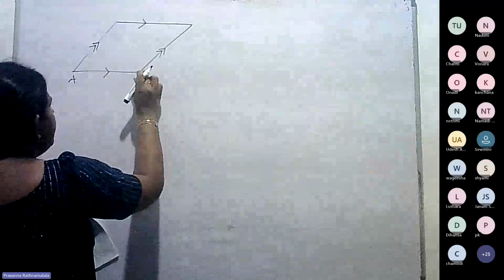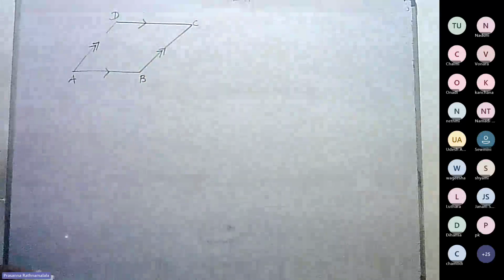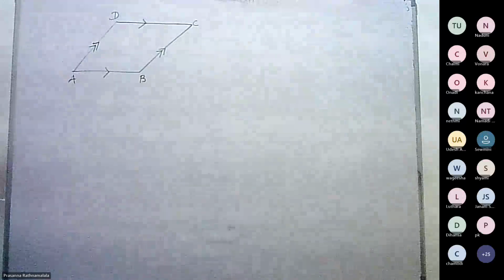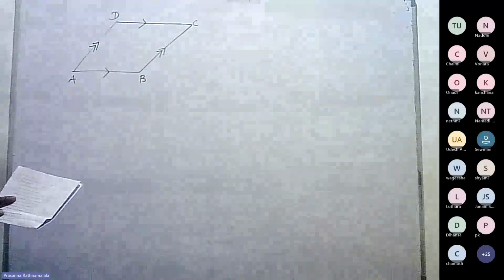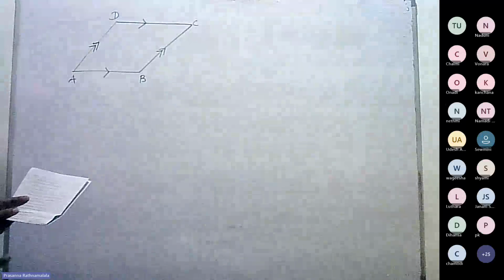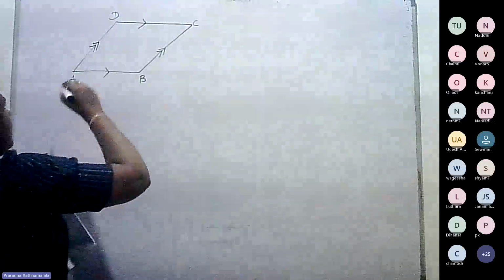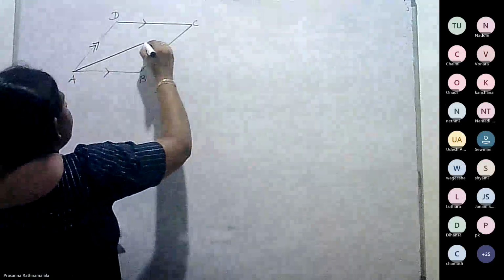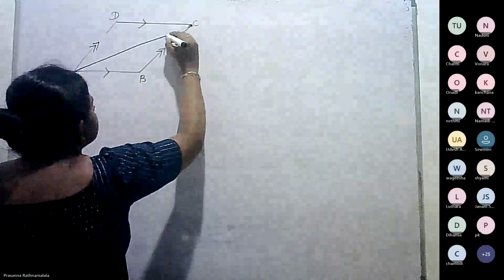A, B, C, D. That is a parallelogram. Draw a line through B, parallel to the diagonal AC. Now here is the diagonal, this is the diagonal AC.